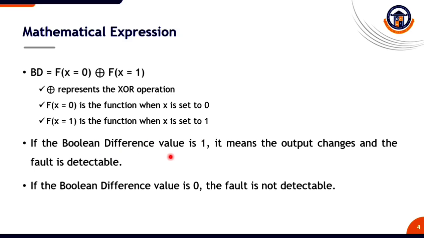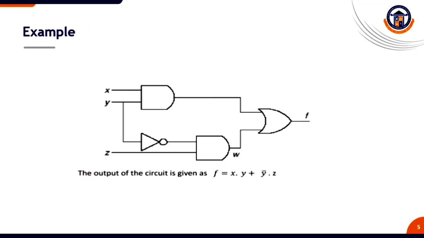If the Boolean difference value is 1, it means the output changes and the fault is detectable. If the Boolean difference value is 0, the fault is not detectable. Through this concept, we can identify the test vector if any fault is present in our circuit.